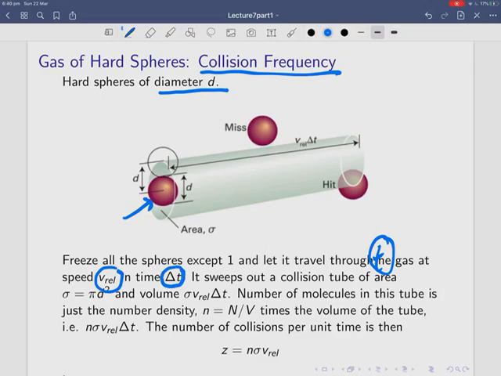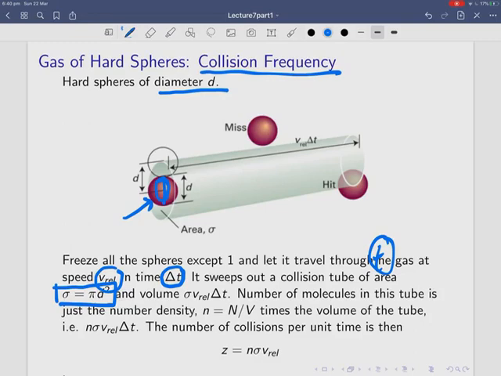When it does that, it sweeps out a collision tube of cross-sectional area sigma, which is pi d squared. Now, why is it pi d squared? Because pi r squared would be the area of the sphere itself. But you've got to realize that it's surrounded by other spheres of diameter d, and we want to know how many collisions it's going to have.